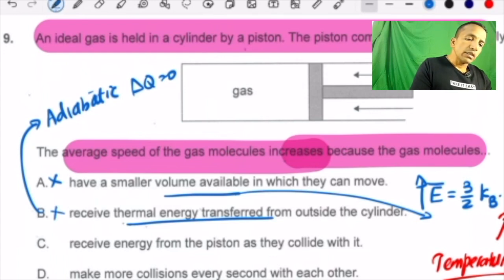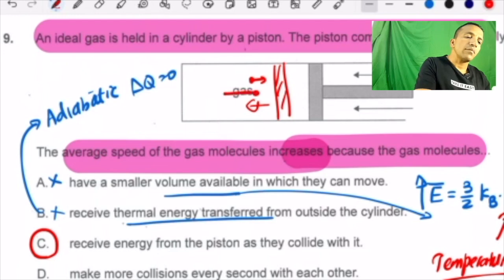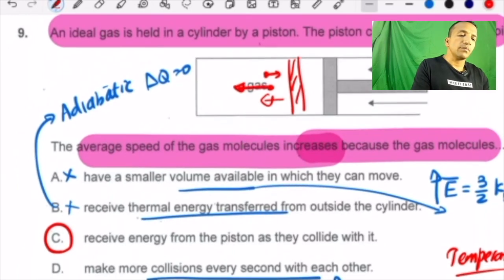And make more collisions every second with each other. This is actually more about pressure. It is not about the speed. Again, the speed of a molecule is not related to pressure. So it is because the molecules actually absorb energy from the piston while it is rapidly moving inwards. So molecules come and go faster than they came to the piston. That's why the answer is C.